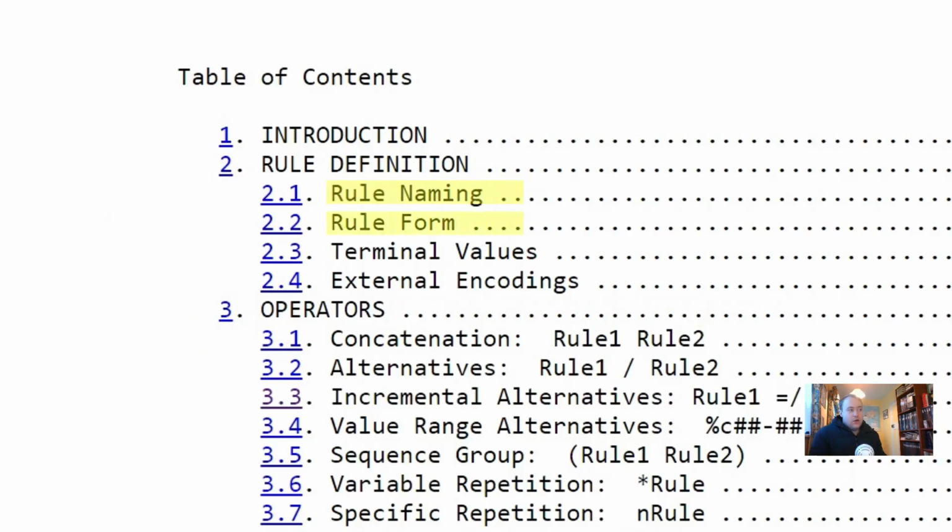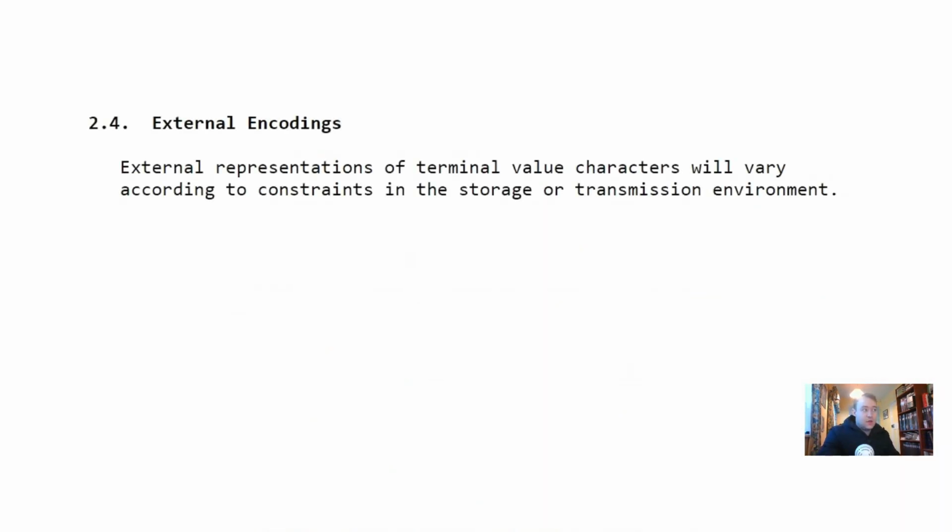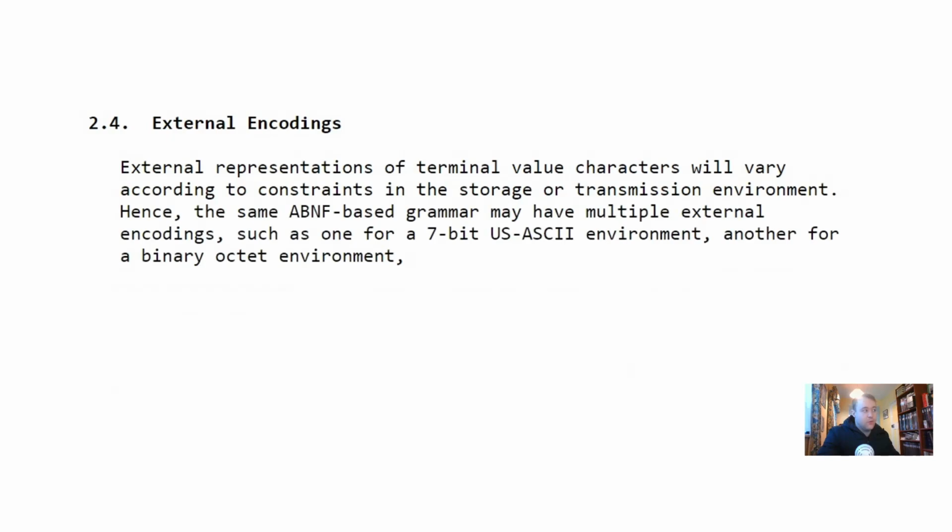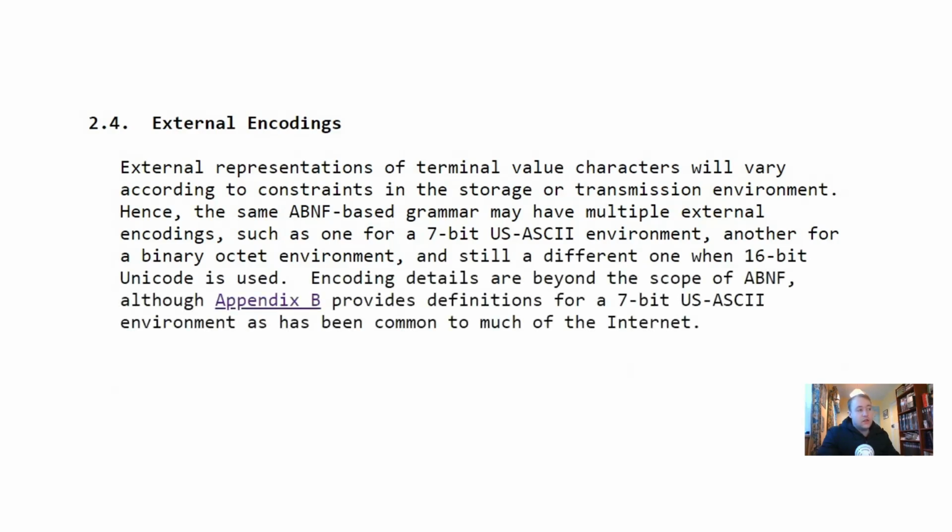So we've made good progress now. We've talked about rule naming, rule form, and terminal values. Now a quick note on external encodings. External representations of terminal value characters will vary according to the constraints in the storage or transmission environment. Hence, the same ABNF-based grammar may have multiple external encodings, one for a 7-bit US ASCII environment, another for a binary octet environment, 8 bits, and still a different one when a 16-bit Unicode is used.